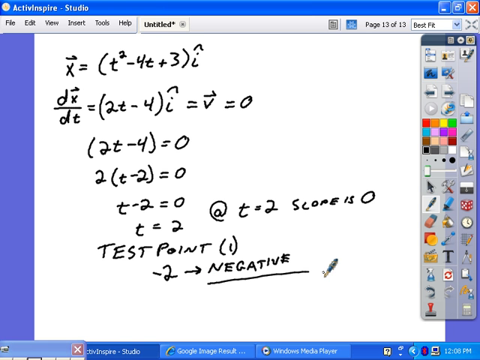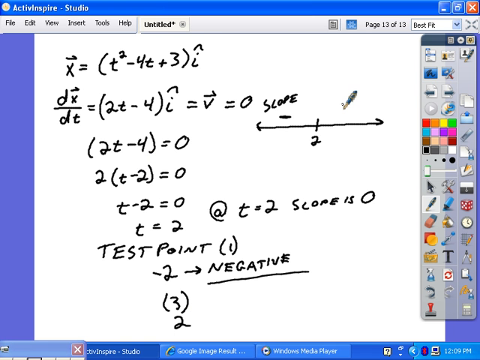Okay, so if I were to set up a number line here, my important point here is 2. Anytime that I am prior to 2, my slope is negative. Alright, let's try another test point. Let's do 3. 2 times 3 is 6. 6 minus 4 is positive 2.